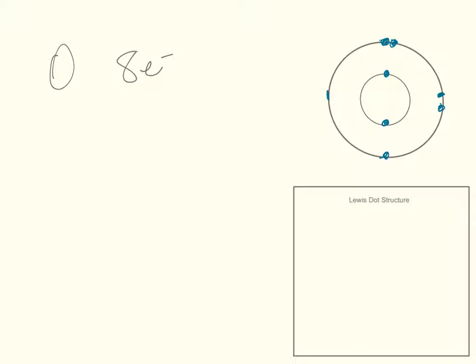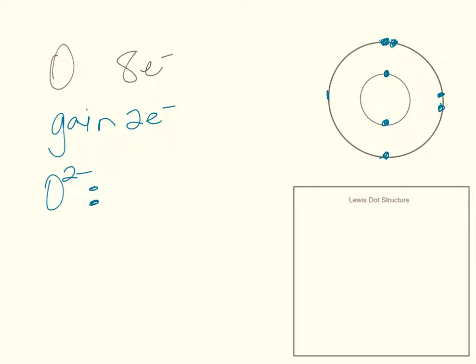So oxygen can either gain 2 or it can lose 6. In this case, it's going to gain 2 electrons. If it gains 2 electrons, then it's going to become 2 negative. And where are those 2 electrons going to go?